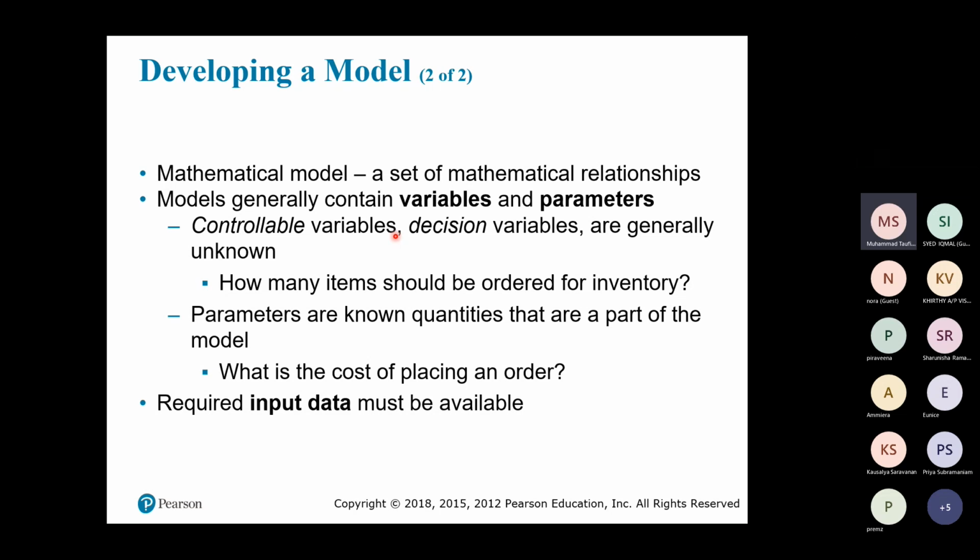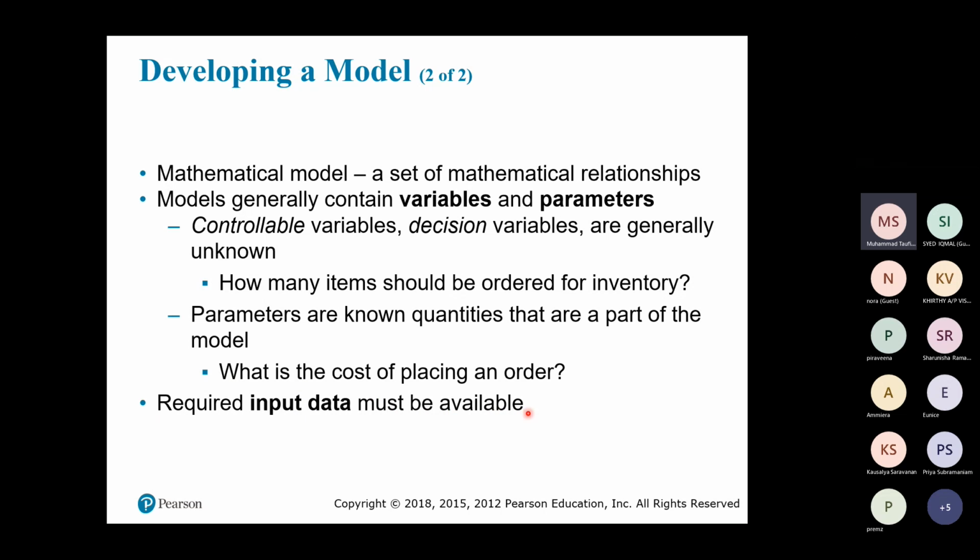So these are the two types of variables that will be used in the model. For example, how many items should be ordered for inventory? The decision variable is the number of items to be ordered. Parameters are known quantities that are part of the model. Like I said before, parameters are fixed values. You already know the values, for example, the cost of placing an order. Required input data must be available.